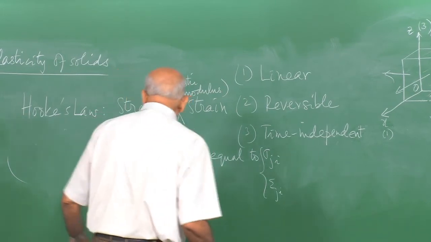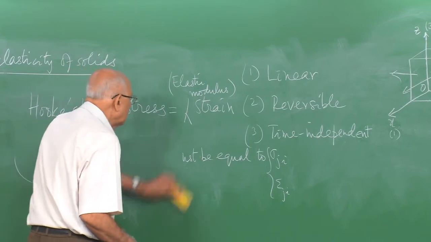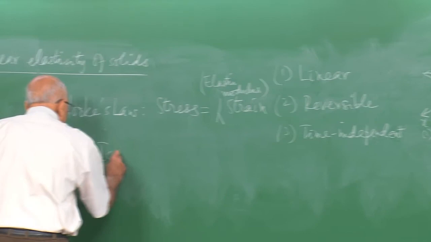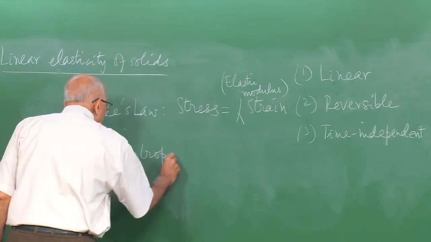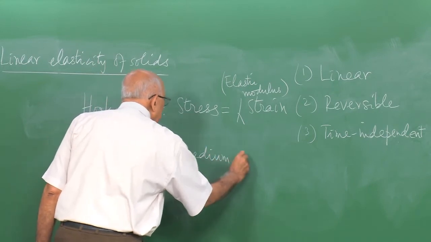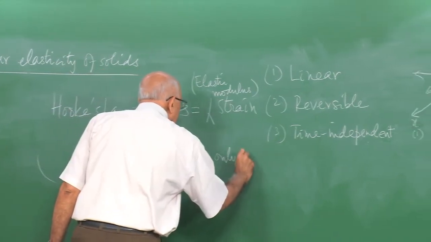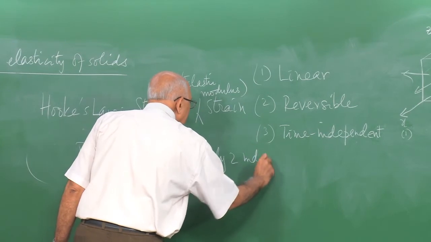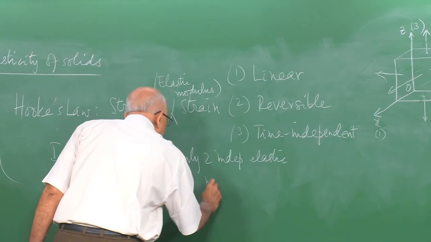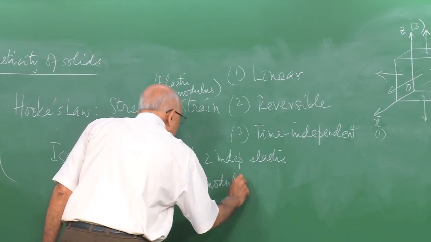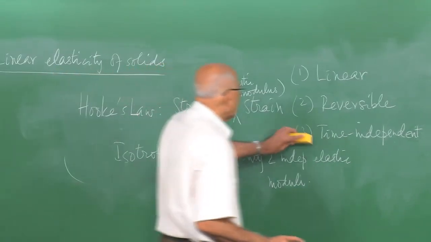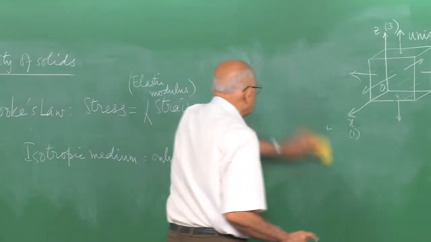So for such media, and those are the ones we are going to look at, you have only 2 independent elastic constants, and let me write this down. Isotropic medium, only 2 independent elastic moduli. You're familiar already with what these are, so let's write it down.